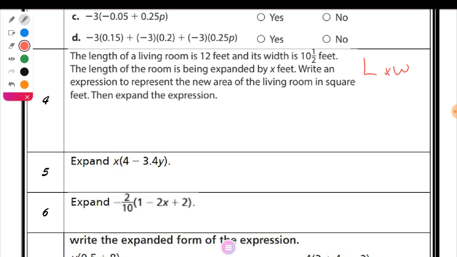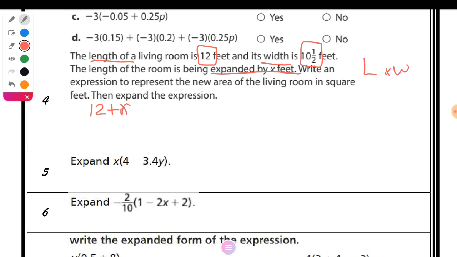Here he give me the length 12, then the width 10 and a half. Okay, then the length of the room is being expanded by x feet.